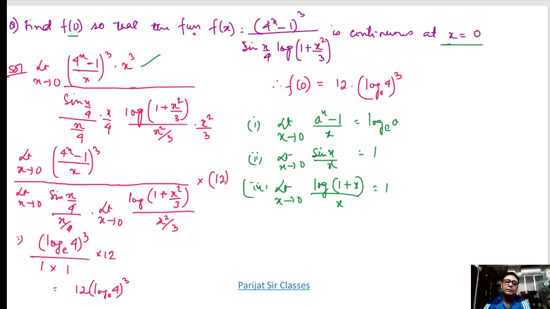So first of all, it is looking like the first formula, a to the power x minus 1, but there is an x missing. This x should be there, so it comes inside the cube. That means I have to adjust with x cube. Similarly, sin(x by 4), so there should be an angle x by 4 at the bottom. So see, we have adjusted this angle. Similarly, log(1 plus x square by 3), this part should be at the bottom, so I have adjusted with this.